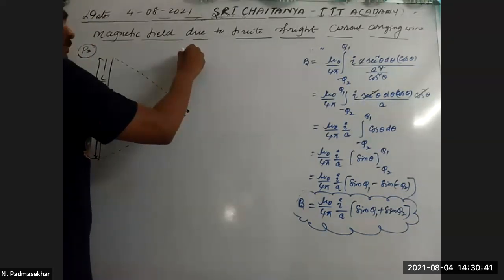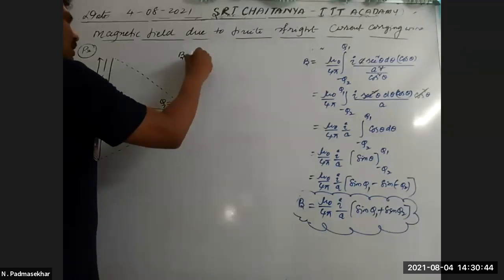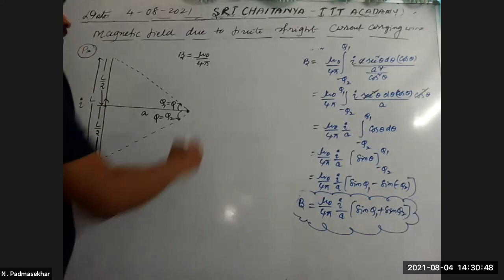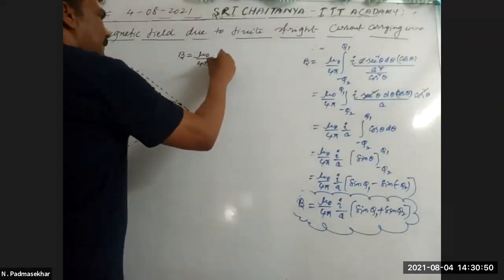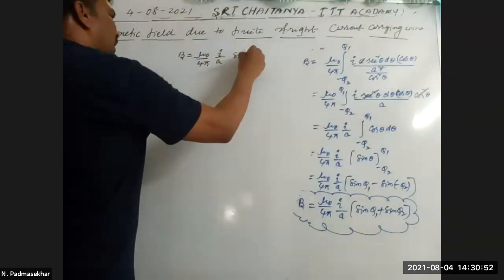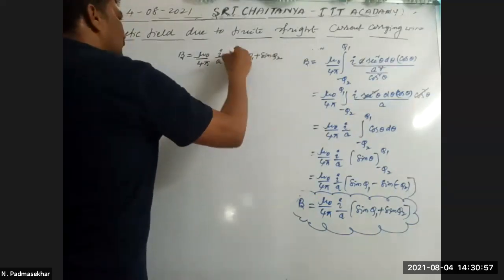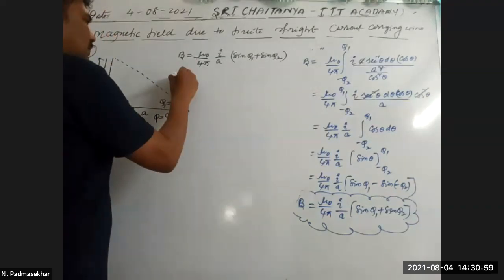B is equal to mu naught by 4 pi, I by A, into sine phi 1 plus sine phi 2.